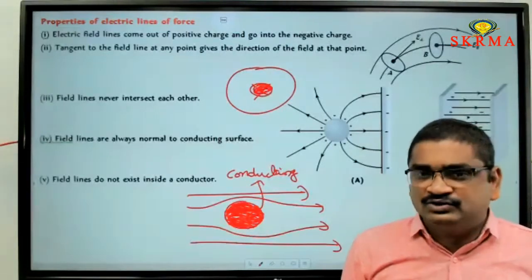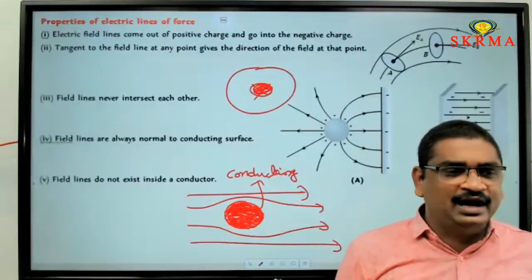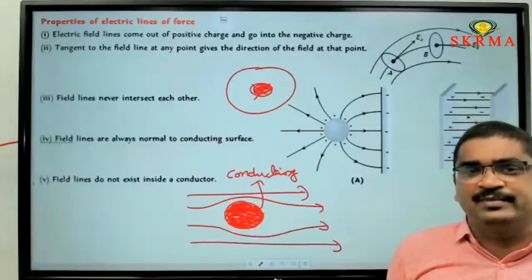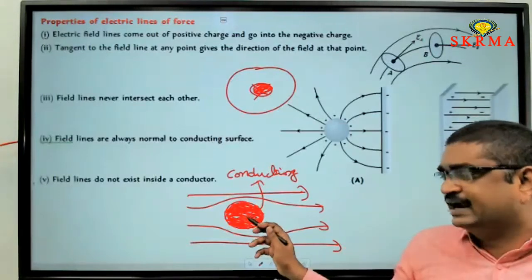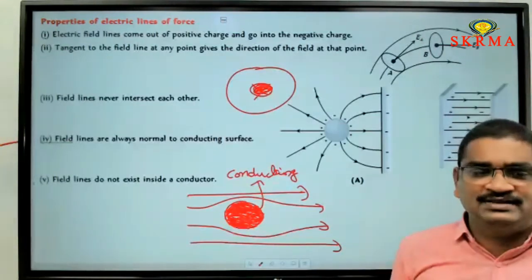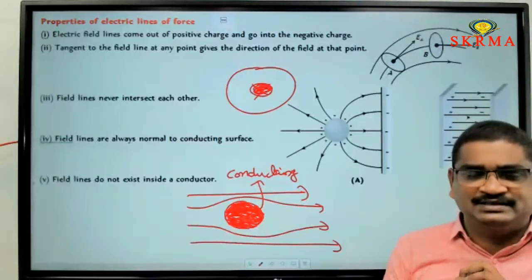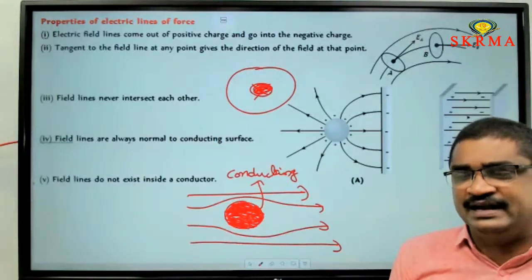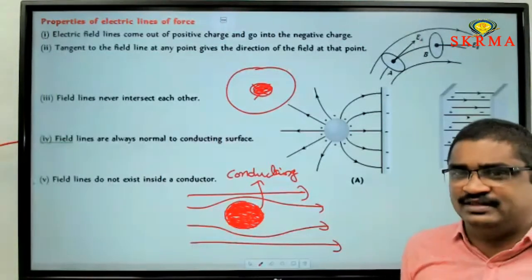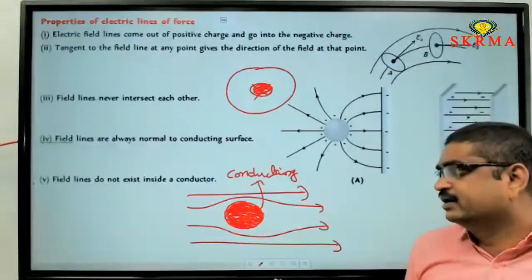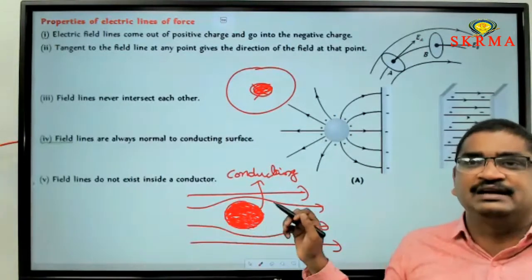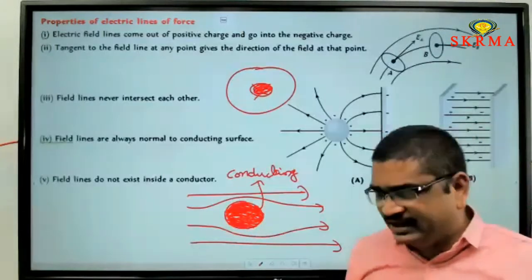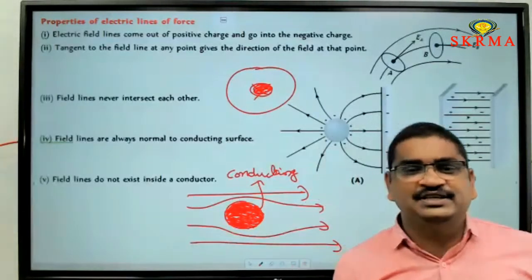Why? Because within the conductor, there are no electric field lines. So the electric field is zero within the conductor, and we can protect those operators from the electric field lines. That is called electric field shielding.